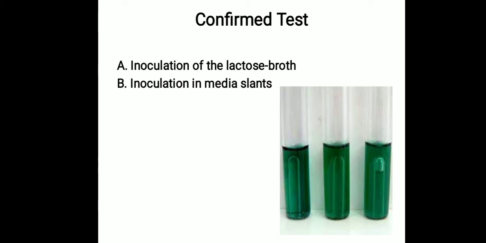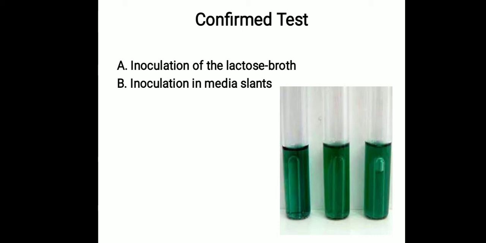Then a plate of LES endo agar, or EMB agar, is streaked with a loopful of growth from a positive tube and incubated at 35 degrees Celsius for around 18 to 24 hours.